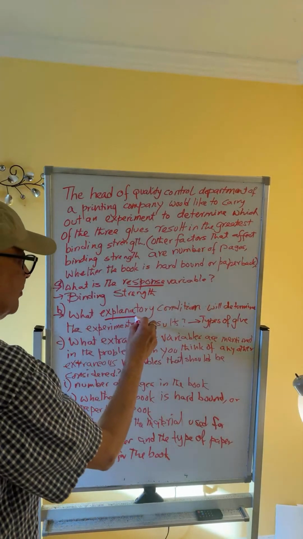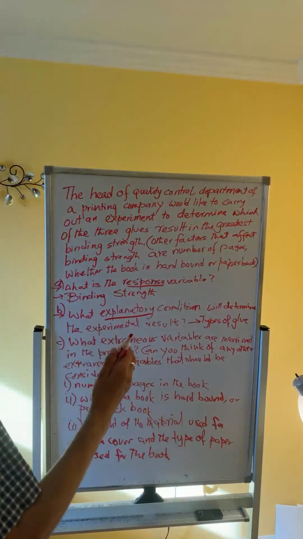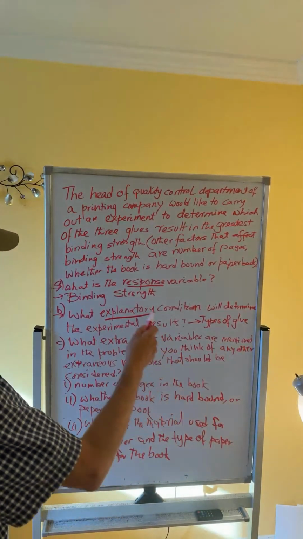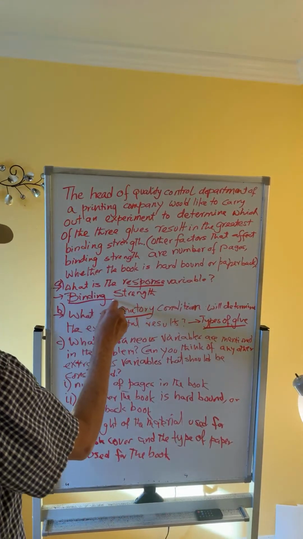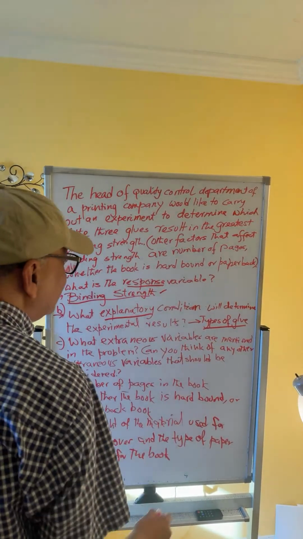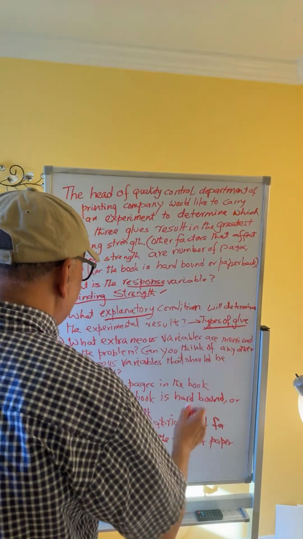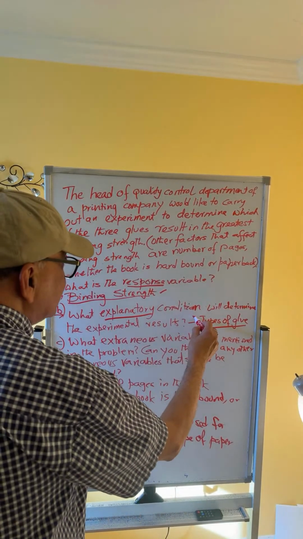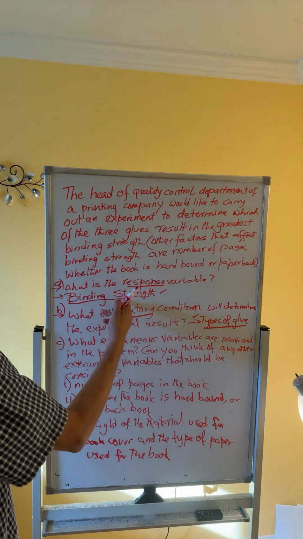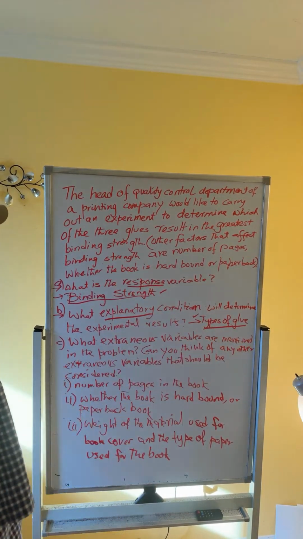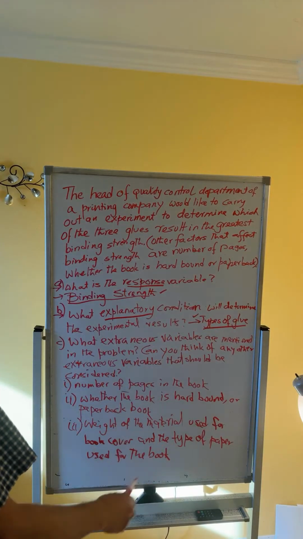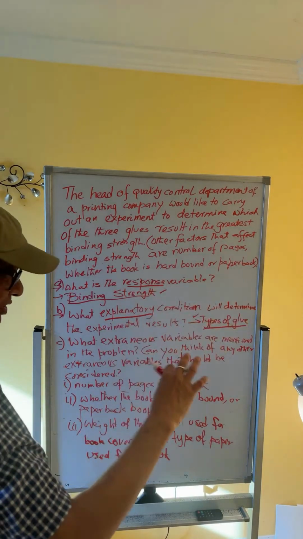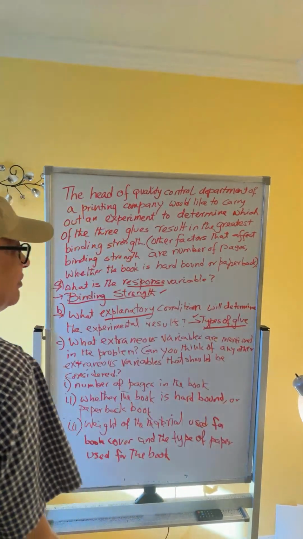Explanatory variable is a variable that explains the results of an experiment, and in this case is types of glue. Then they're asking for additional variables that can affect the binding strength.